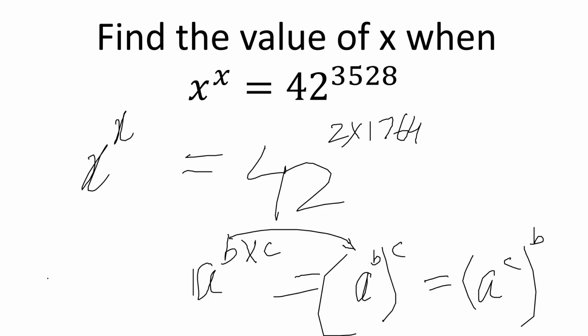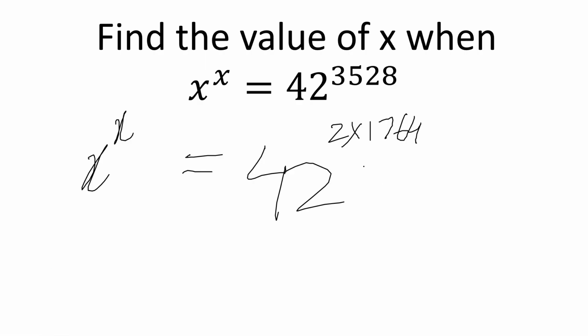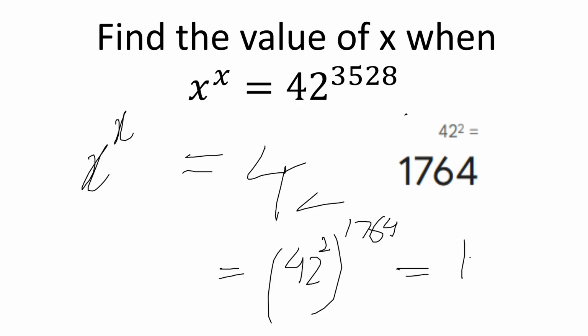So by means of this particular expression, what you could do is write that 42 power 2 times 1764 as 42 square whole power 1764, as ironically 42 squared is also 1764.